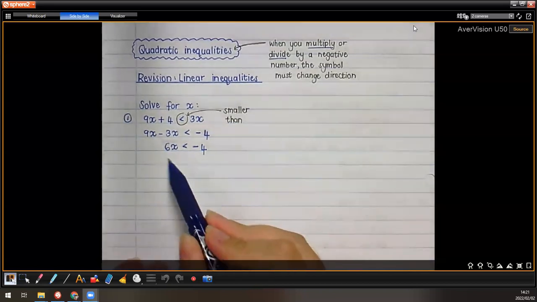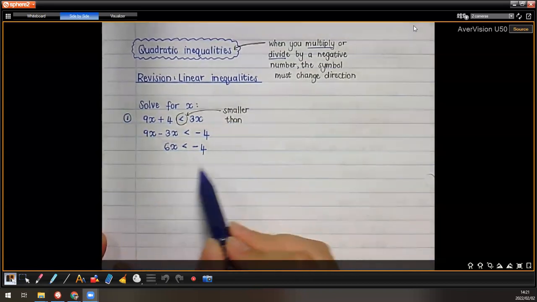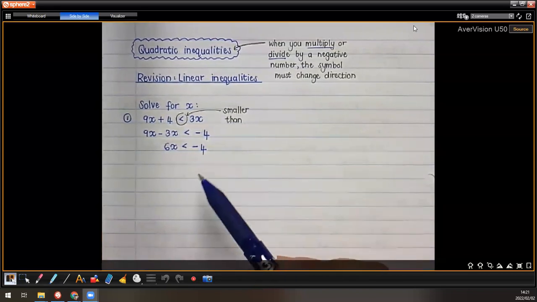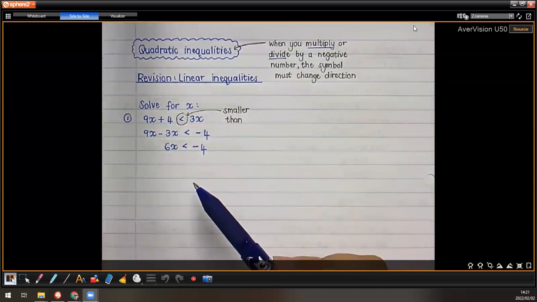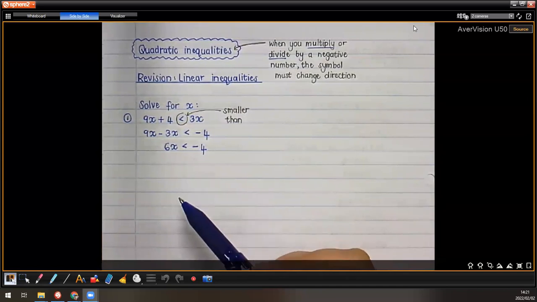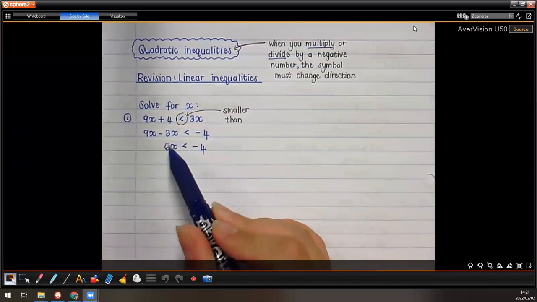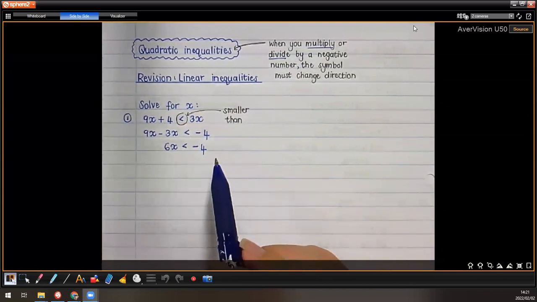Now when I move this 6, I'm going to divide by 6, positive 6, not negative 6. When I'm dividing by positive 6, do I have to change the sign? No, only when you are dividing by a negative number. I'm taking a negative number and dividing it by a positive number. Because this 6 is positive, the symbol is going to stay as it is.